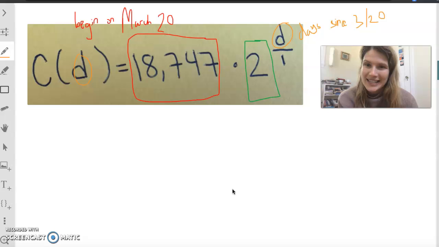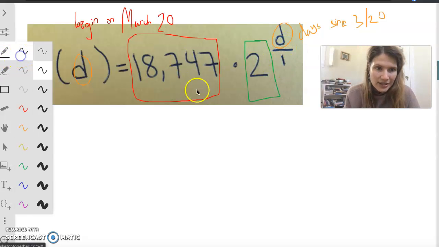So the input is the number of days since March 20th, the D. She has the D over 1, with a denominator of 1. We don't need the denominator of 1, because D divided by 1 is just D. Anything divided by 1 is just itself.